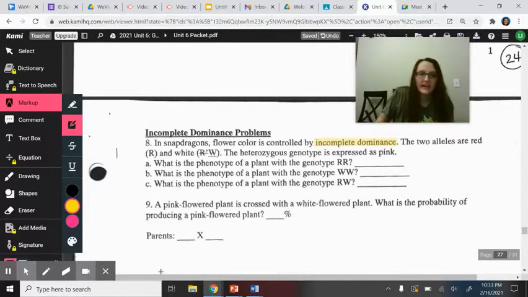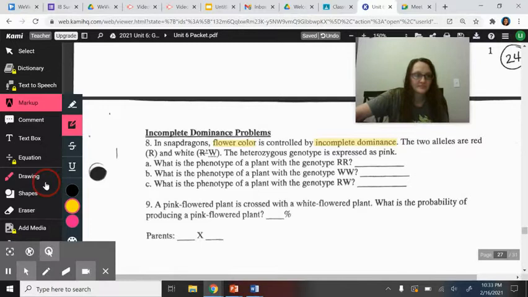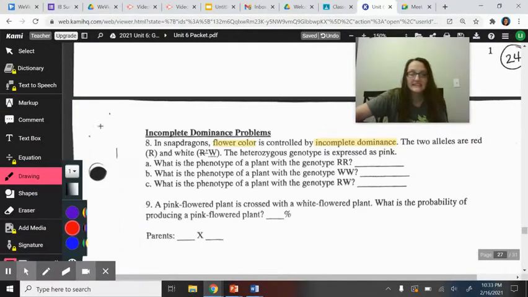I like to guide myself so that when I go back, I don't have to reread the problem over and over again. It's a really good time saver. So I like to highlight main ideas and main concepts. It says flower color is controlled by incomplete dominance. That lets me know that what I'm looking for is the color of the flower.